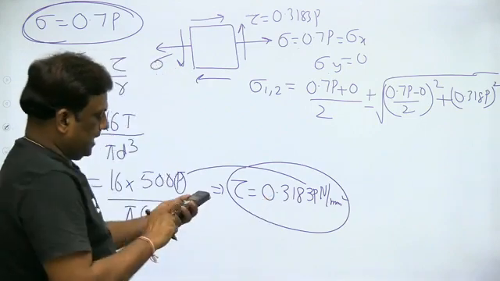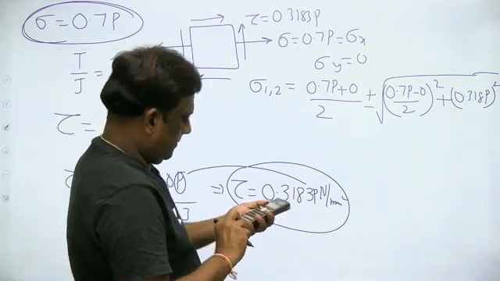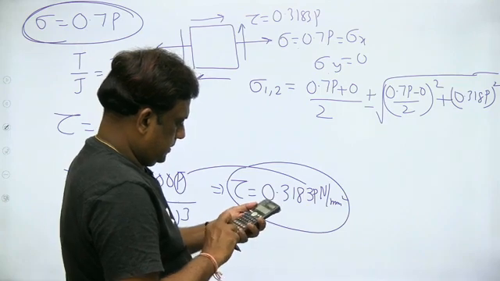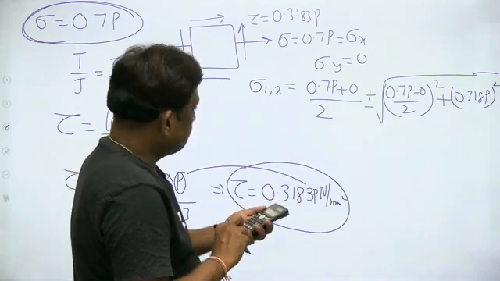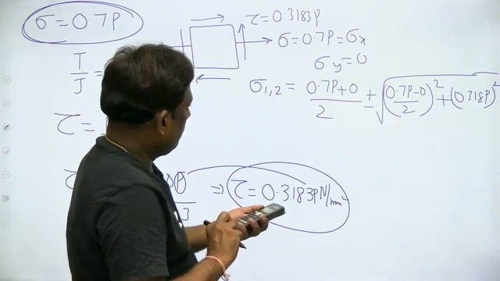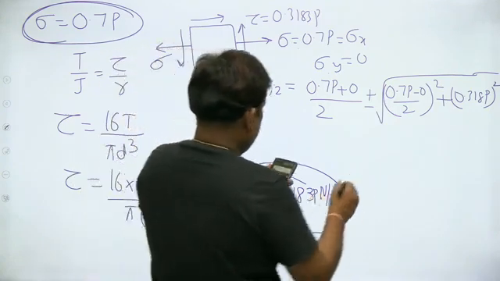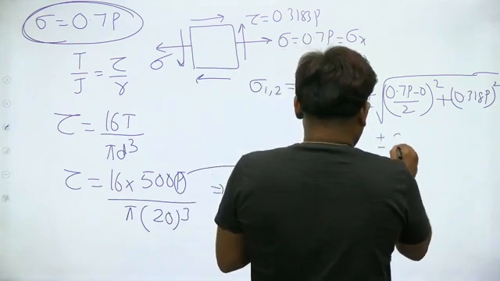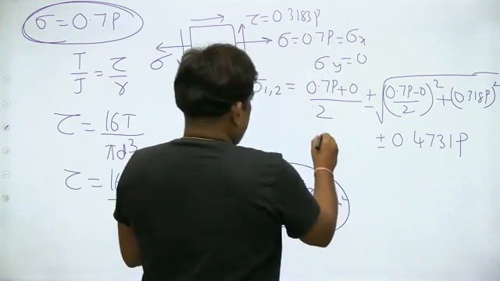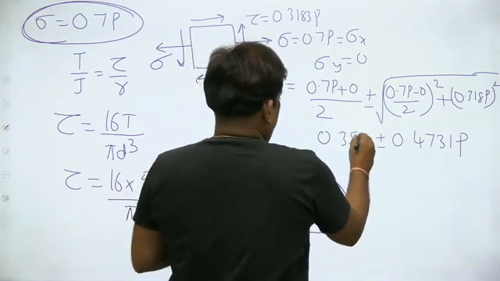Now let's calculate the square plus 0.35 square. This value is 0.4731 p and this is 0.35 p.